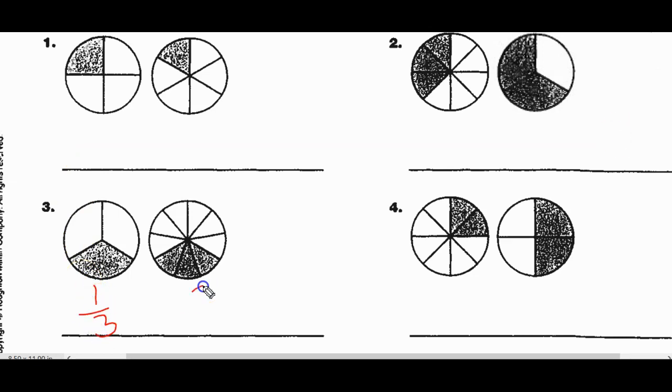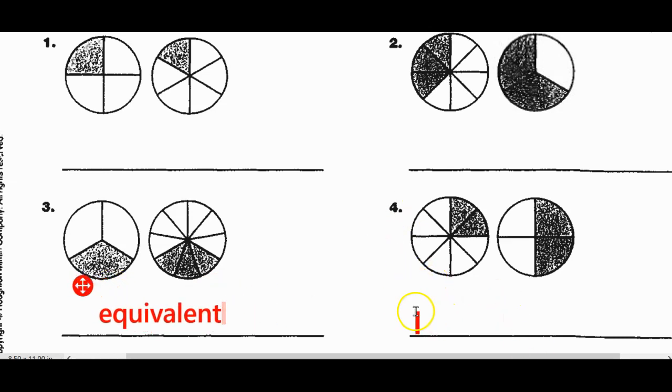And this is 3 ninths. They are equivalent. Look. They are equivalent. Okay? So number 3 is equivalent.